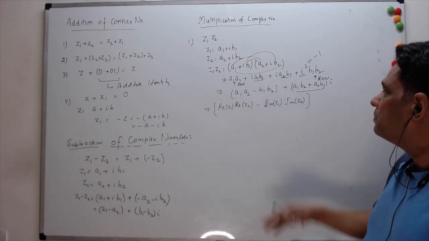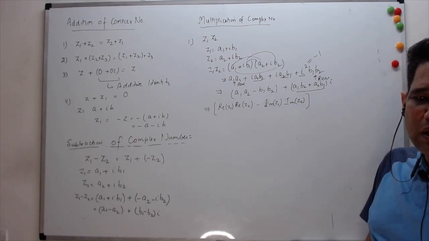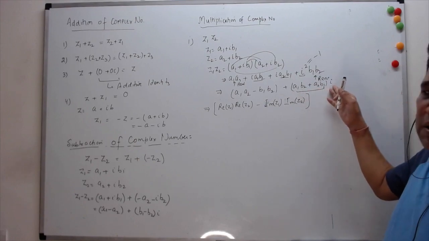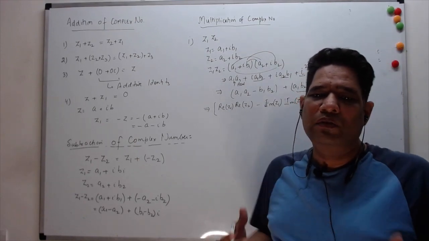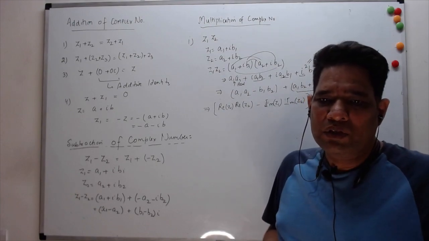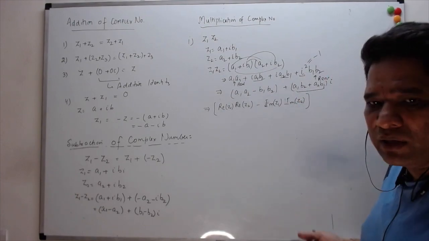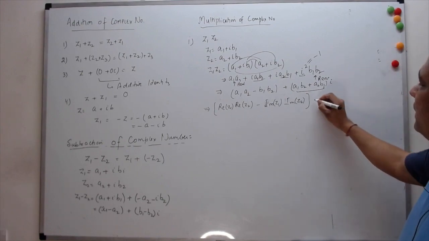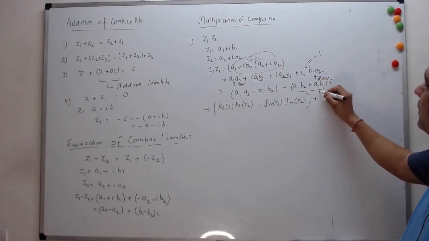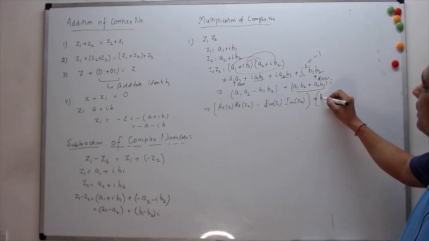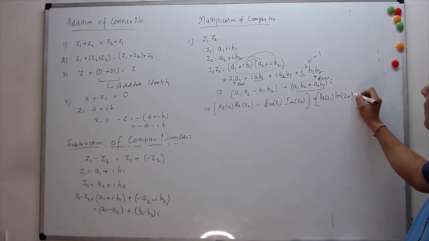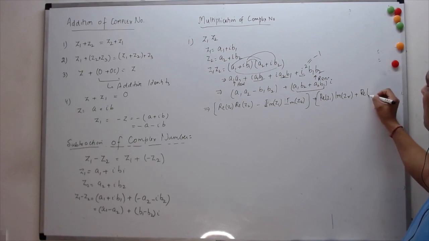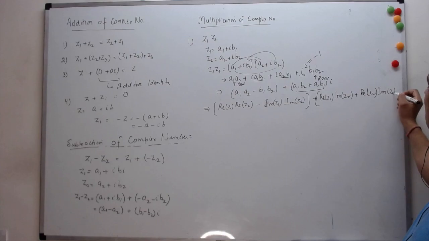So it's not always the case that the product of two complex numbers will give you a complex number. It could be a real value as well. But here you can put this one again as real of Z1 times imaginary of Z2 plus real of Z2 times imaginary of Z1.